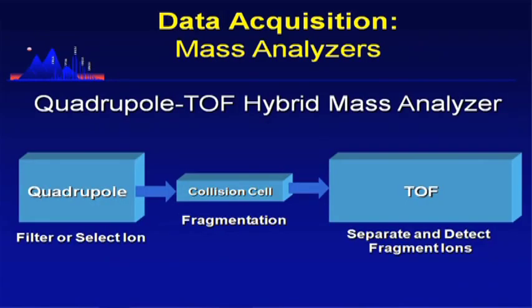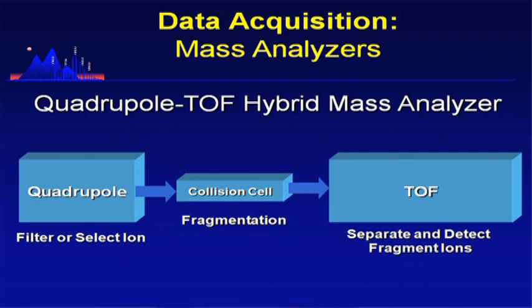This is where we might use one of these hybrid mass analyzers, where we have 2 mass analyzers in tandem. A very common configuration in proteomics is what's called a quadrupole time of flight. We're taking these 2 types of mass analyzers and sticking them together. The quadrupole is the first one, and it acts as our mass filter, so we can select a specific peptide.